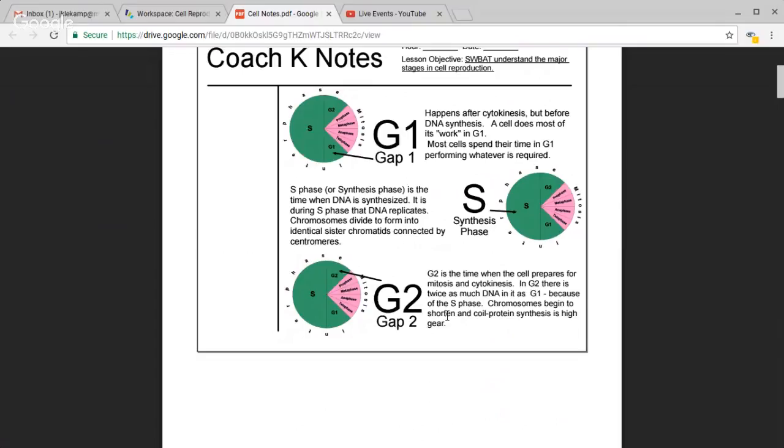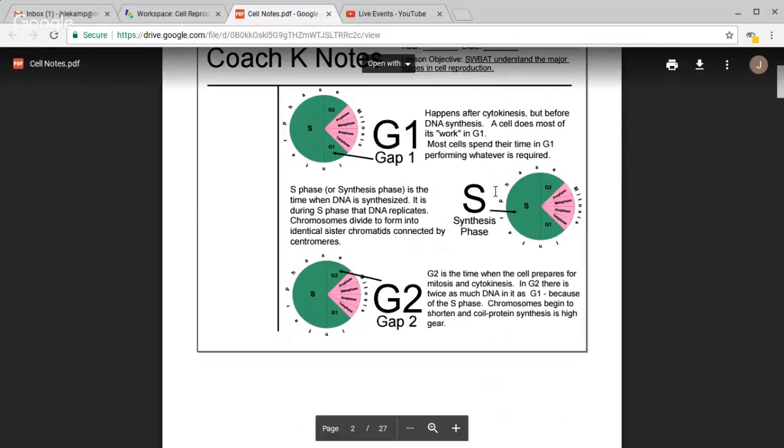The S phase, right there in the middle, is the synthesis phase. It is where your DNA is replicated. Your chromosomes are going to divide to form identical sister chromatids, and they're going to be connected by the centromeres. So it does take a little bit of time to do that DNA replication.